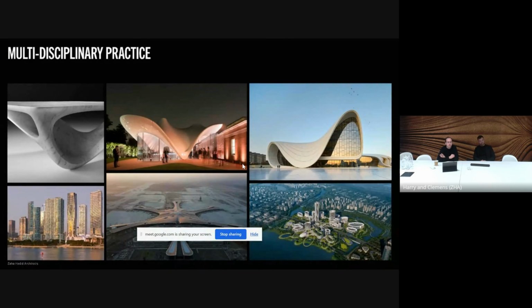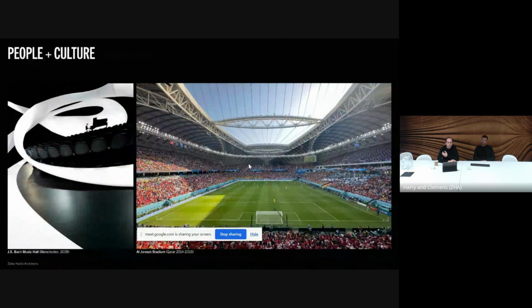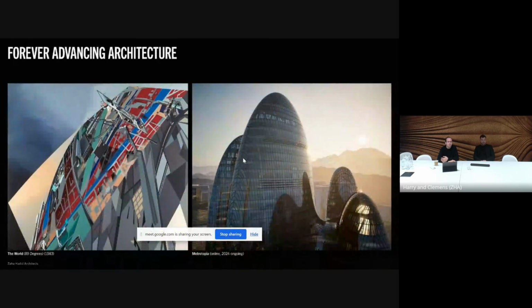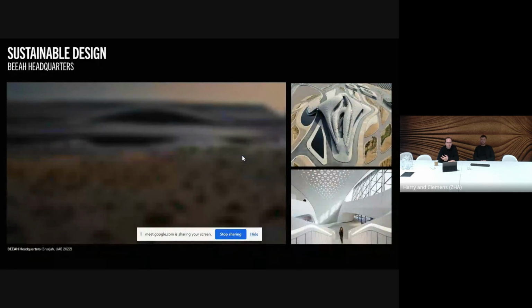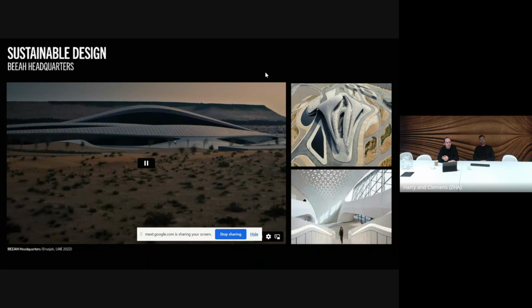We're a multidisciplinary practice working in all scales, from product scale up to master plans. We have different kinds of research or geometry explorations, always trying to advance the architecture. And there's also where AI comes in.